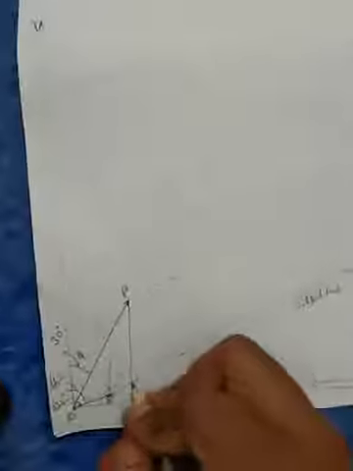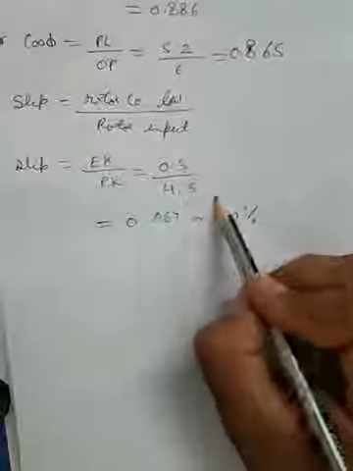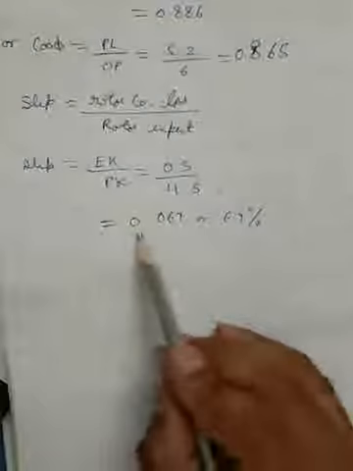We are not marking it here. For this we have to draw a parallel line from perpendicular line on OX axis from this point P. When we do it, we have one point here, that is E, and one point here, that is K, and here it is L. If we measure these values, the length of EK is 0.3 and PK is 4.5, so the slip is 0.067.